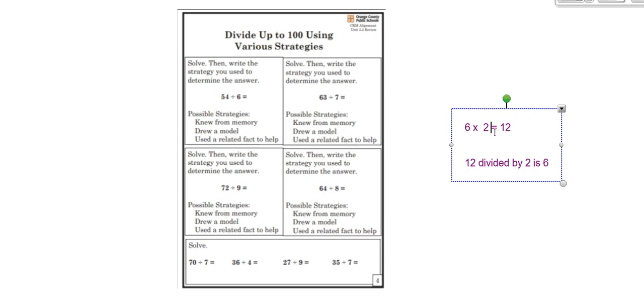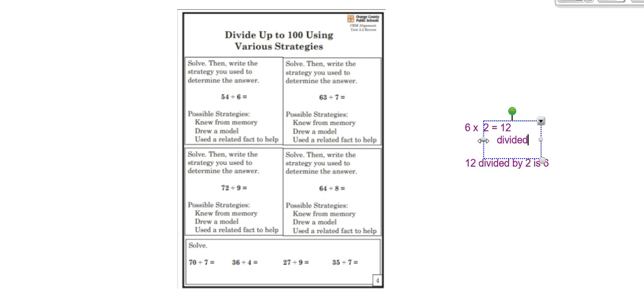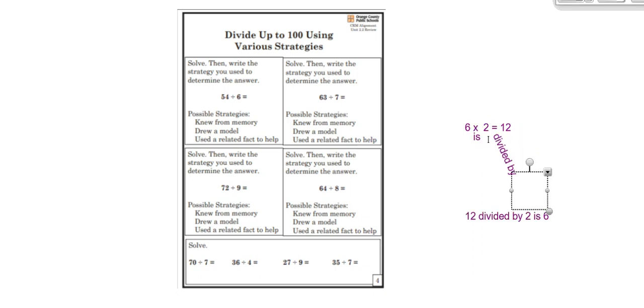So instead of saying 12 equals 2 times 6, we can say 12 divided by 2. You're going to read the multiplication sign as a division. So you will read 12 divided by 2 is 6.